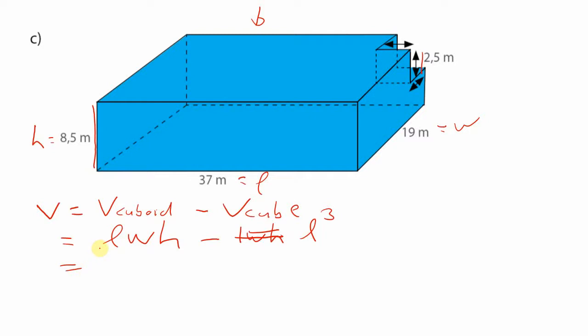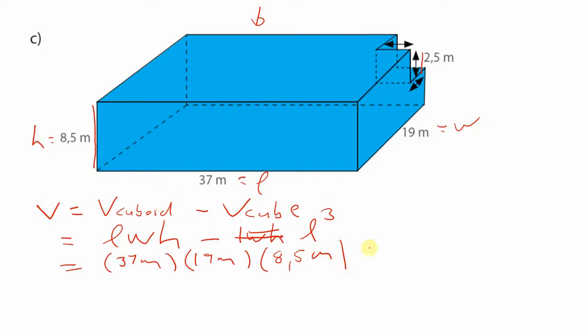So now it's a simple matter of substituting, so in the cuboid the length we can replace by 37 meter, the width we can replace by 19 meter, and then the perpendicular height we can replace by 8,5 meter.